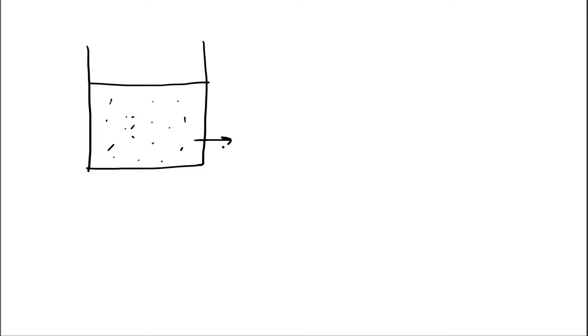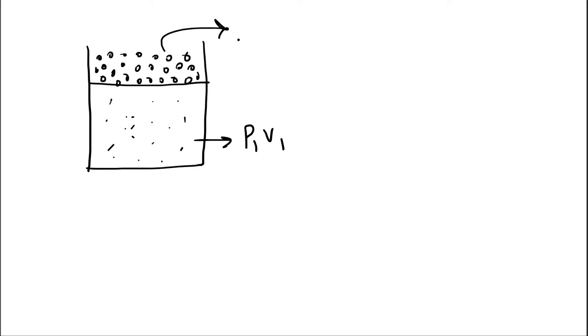Let's take a gas which is at P1 and V1, and let's apply external pressure using some pebbles here. The total pebbles cause some pressure P external. If we take out one pebble, then what happens? P external is slightly smaller than P1.